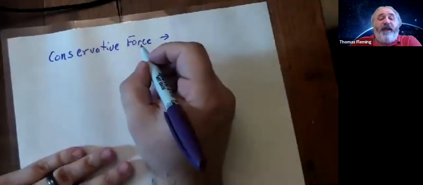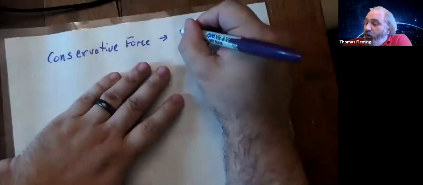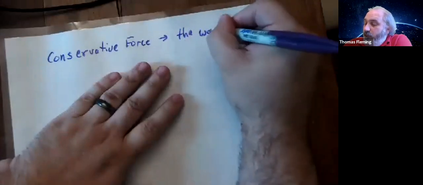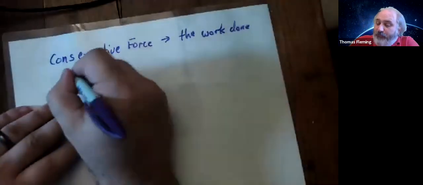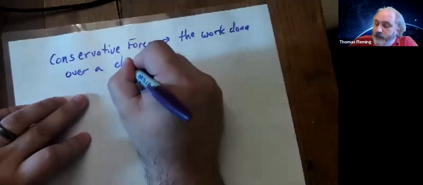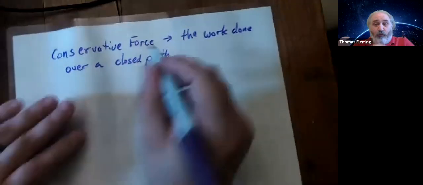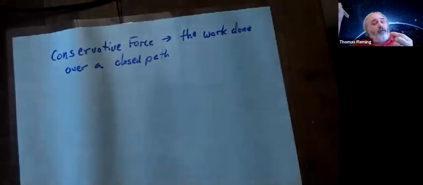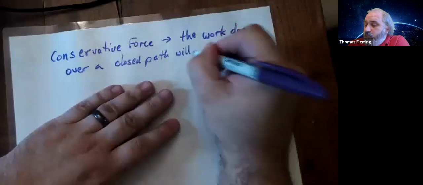No, what I mean is that a conservative force is a kind of force for which the work done over any closed path, and what I mean by a closed path is a round trip. You start someplace and you come back to where you started, will always be 0.